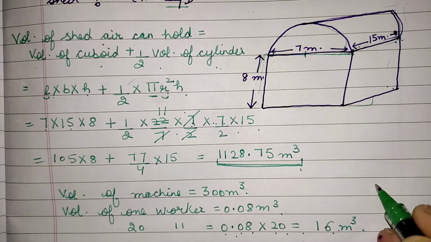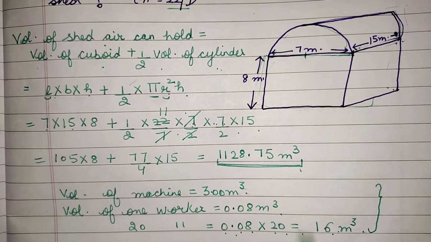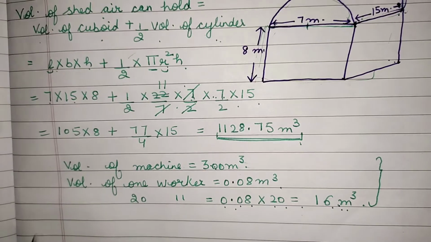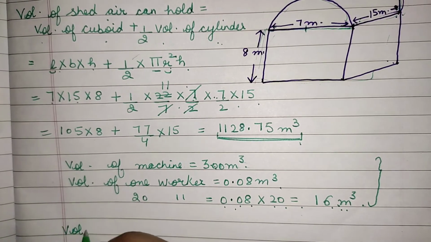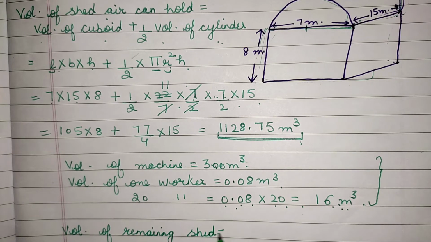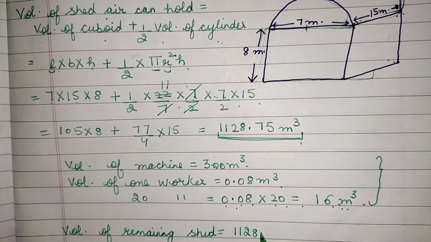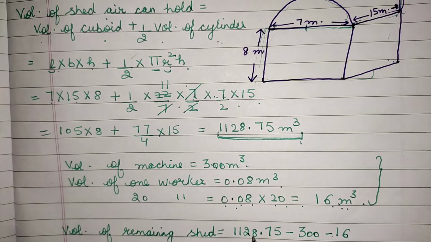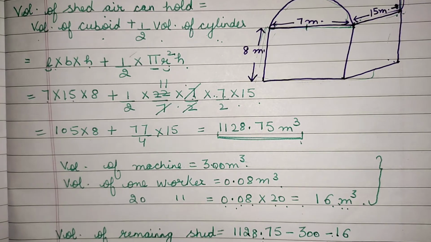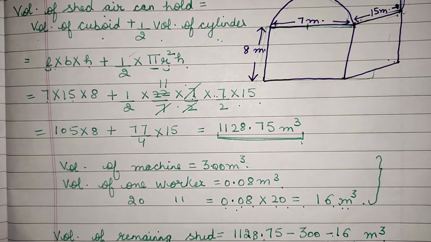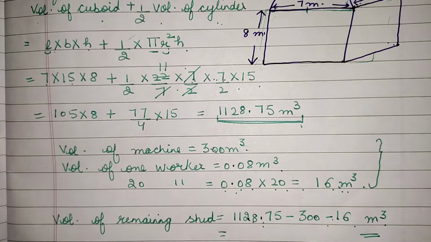The volume of the other objects. So the volume of the remaining air is equal to total volume minus the volume occupied by the other objects. Once you solve these values, after subtracting the two values, you will get your final answer in meter cube.